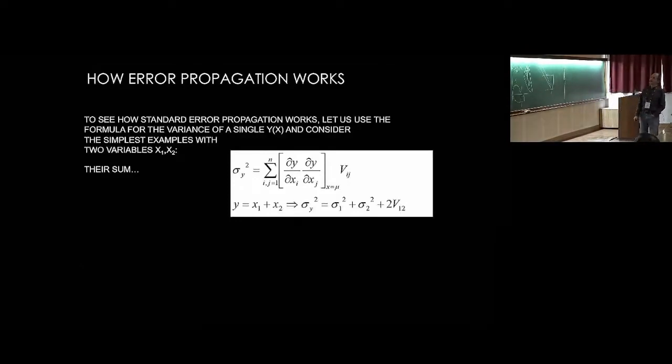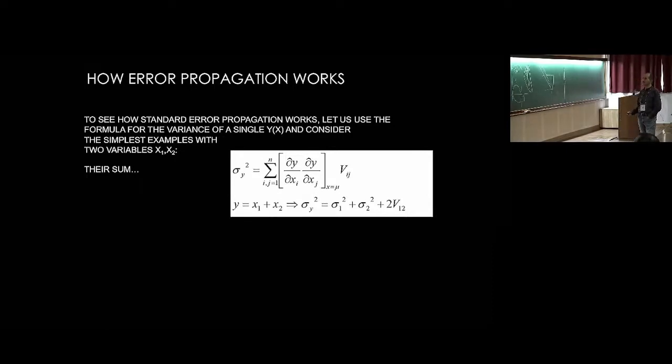So to see how this formula works, let's take it in a very simple case, where the two variables are combined in doing their sum. So y is now the sum of two random variables, the simplest case you can take, okay? I'm not making it hard for you on purpose.